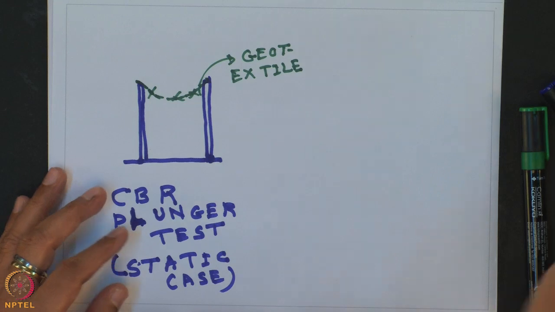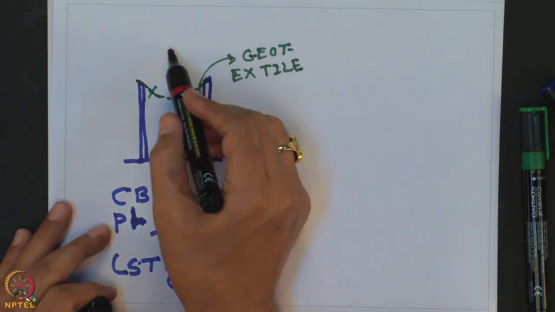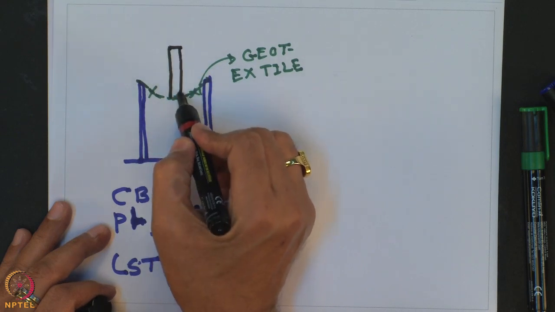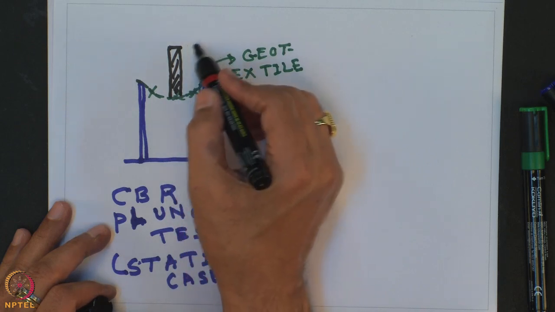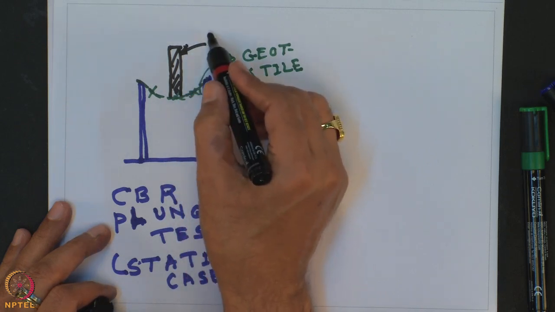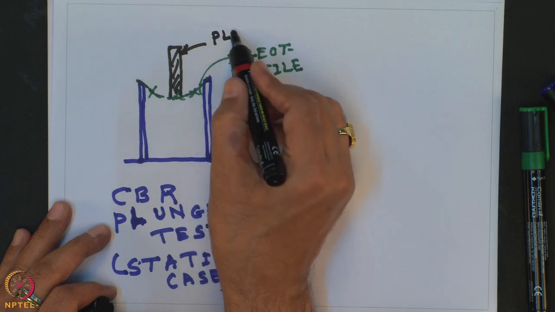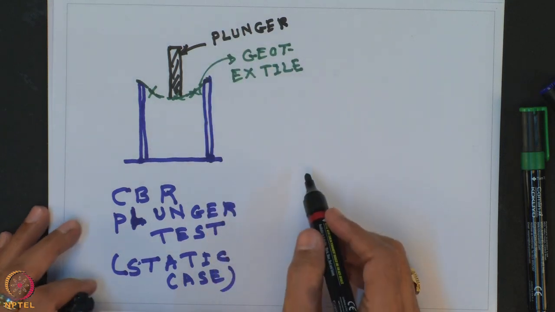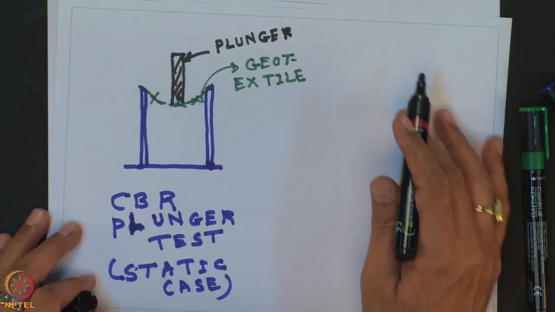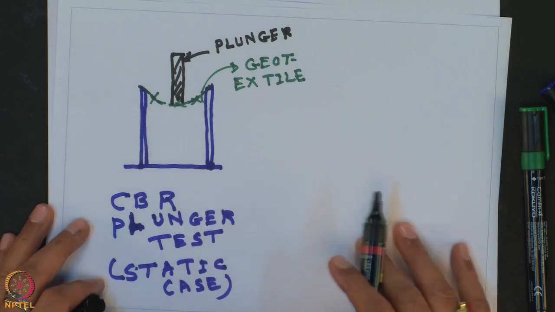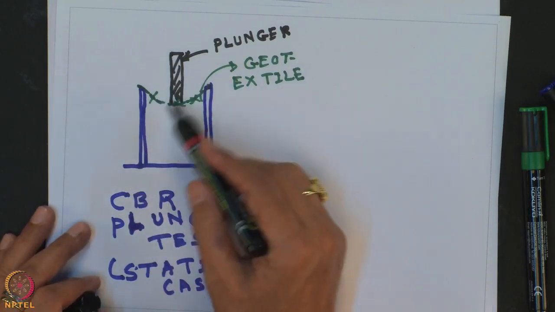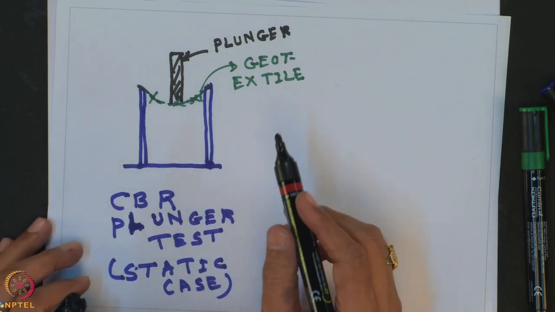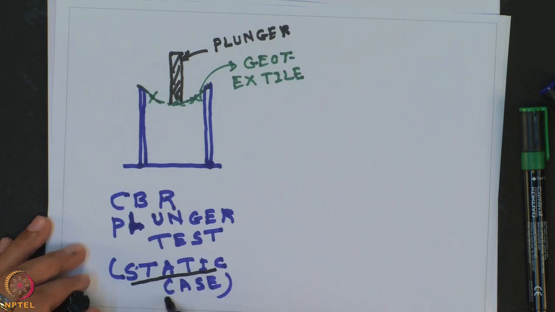Then a load is applied through the plunger on the geotextile, and you can measure the puncture resistance of the geosynthetic material. This is the static case.